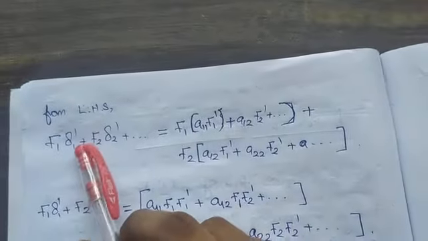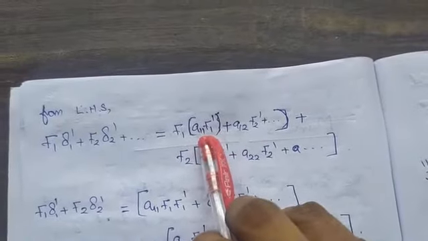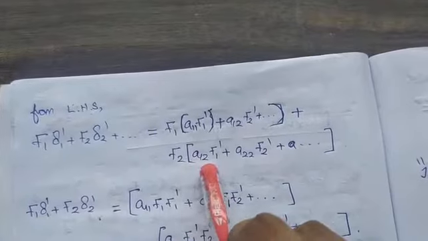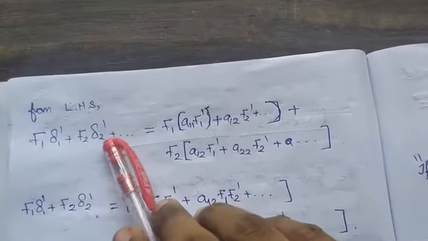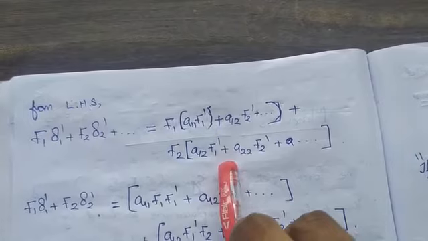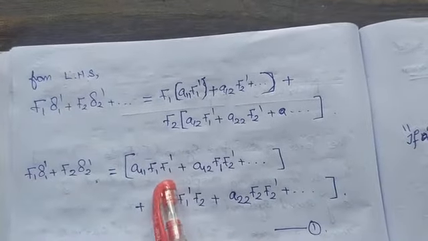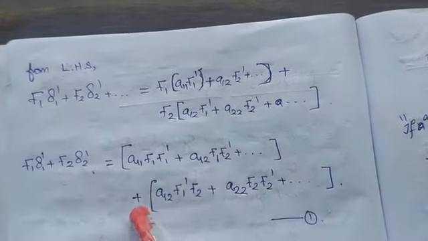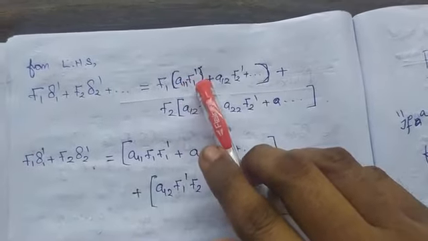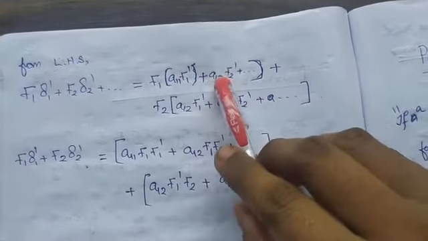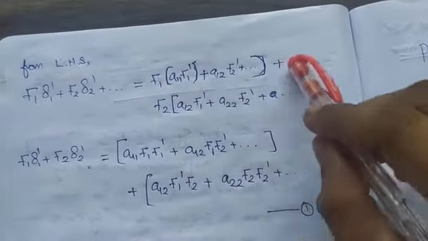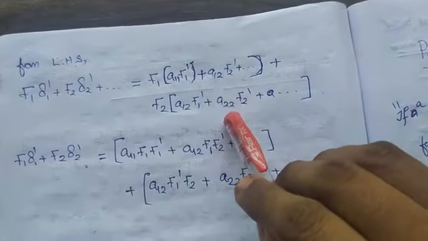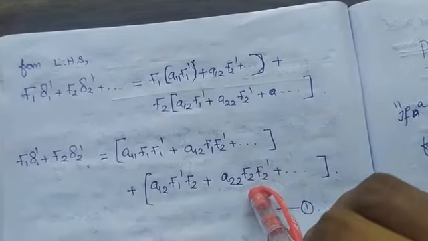Instead of delta 1 dash I apply A11 F1 dash plus A12 F2 dash plus etc., plus F2 with delta 2 substituted, A12 F1 dash etc. Then expanding this term: A11 F1 F1 dash plus A12 F1 F2 dash plus etc., plus A12 F1 dash F2 plus A22 F2 F2 dash plus etc.